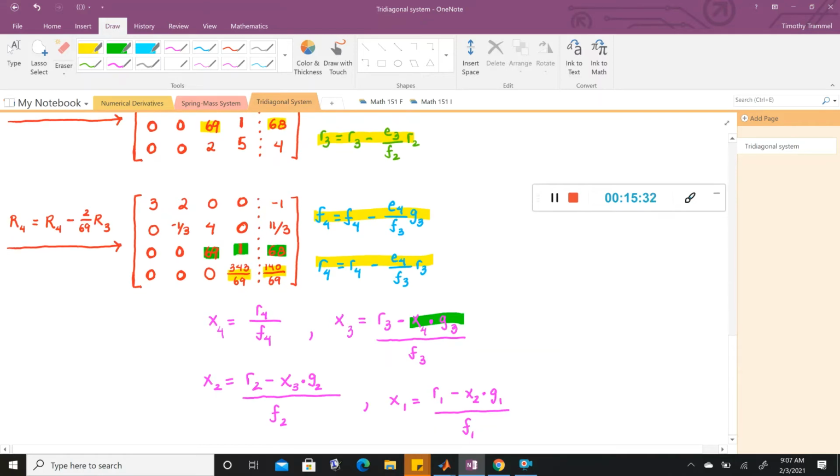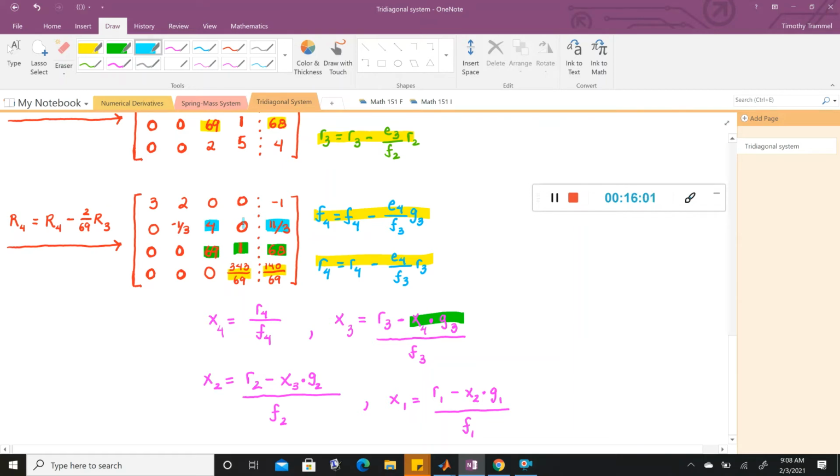And then if we went down to the next one, it would look very similar because there are so many zeros already in this matrix. If we move on to this next one, we'd take what's here, which is R2, and we would subtract the variable times this spot. The variable here would be x3, but in terms of the notation we've been using, this would be G2.